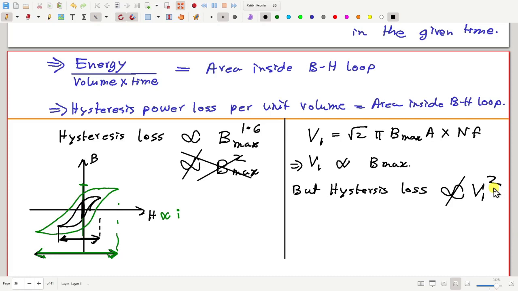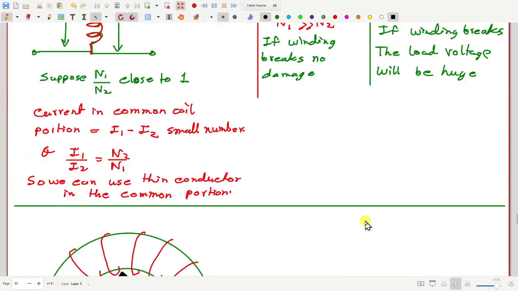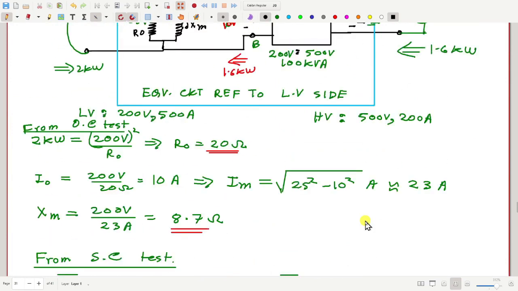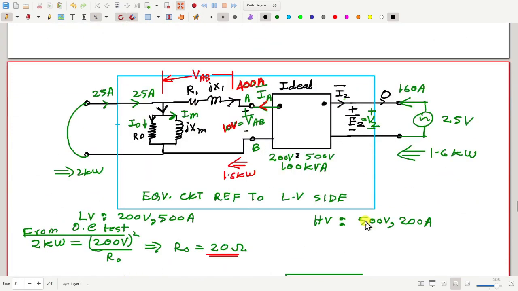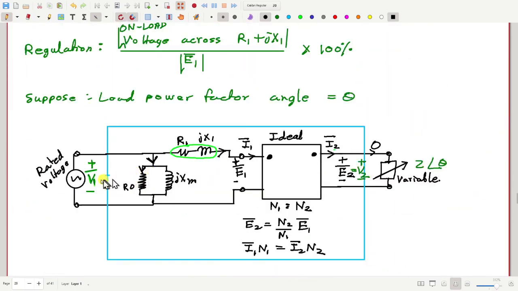So now, what do you think? Is our equivalent circuit model perfect? No, it's not perfect, because according to this model, looking at this diagram, core loss should be proportional to supply voltage square. But hysteresis loss, which is one part of core loss, is not proportional to supply voltage square.